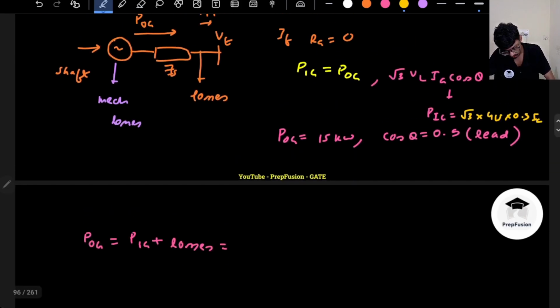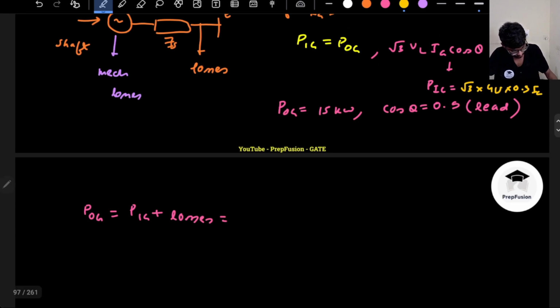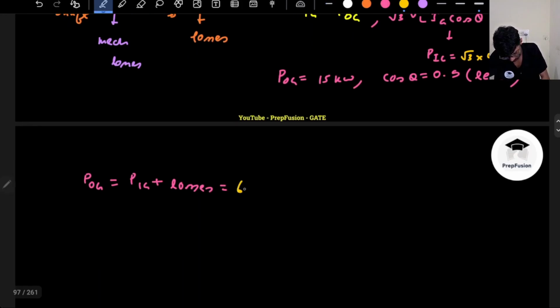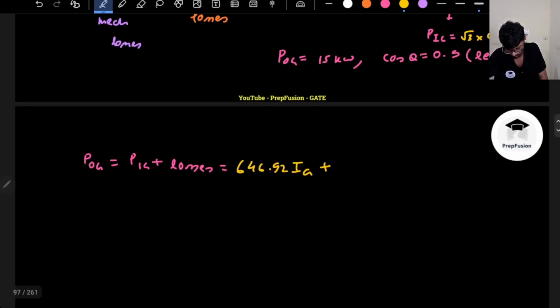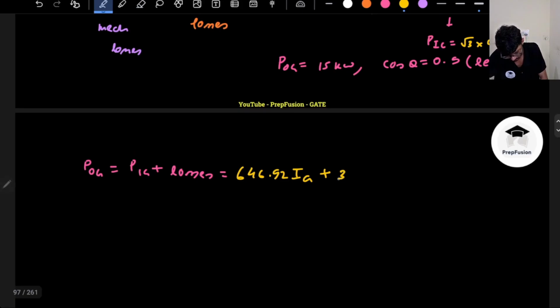So if I write down this value, 415 into 0.9 into root 3, this will be 646.92 into IA, plus 3 into IA square RA.